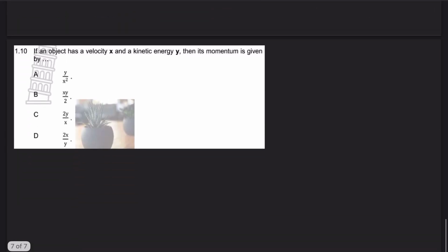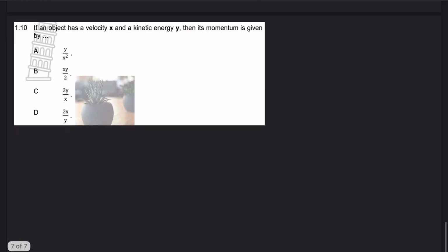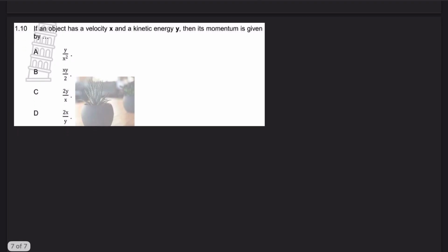And the last one: if an object has a velocity x and kinetic energy y, then its momentum is given by what? Okay, so we'll write here that momentum is equal to mv, and then we know Ek is equal to half mv squared. So now they tell us that the velocity is x and the kinetic energy is y. So y equals half mx squared, and then here we can say p equals mx.